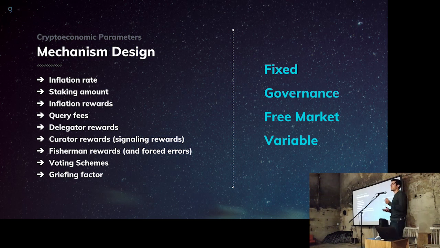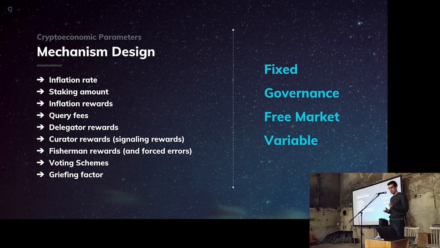So I think you can have these parameters set at the network level, right? It can be fixed in the protocol, and it's something that can only be changed through a hard fork in the protocol. You can have them set as a variable value, and that's similar to the inflation that's determined by the participation rate.